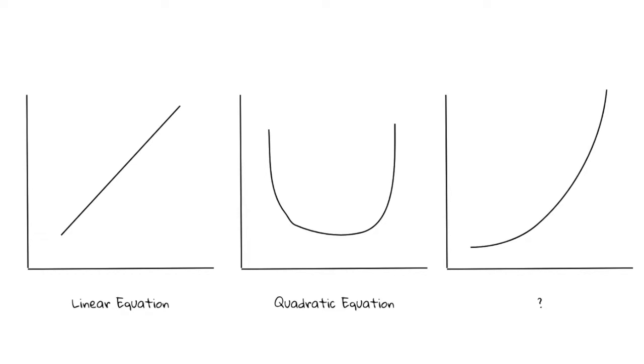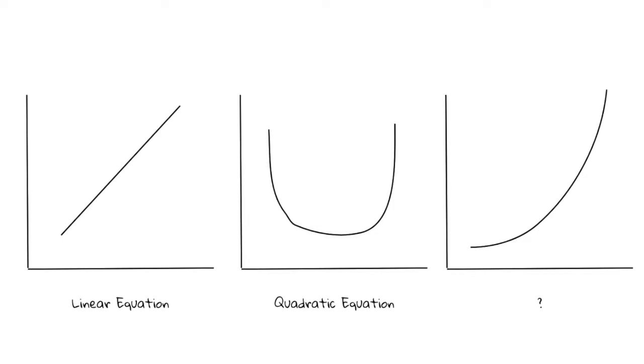So here we see three different equations and graphs. The first one is a linear equation, and the second one is a quadratic equation, which all of you are familiar with already. So then what is this third equation? It doesn't look like a quadratic nor a linear.